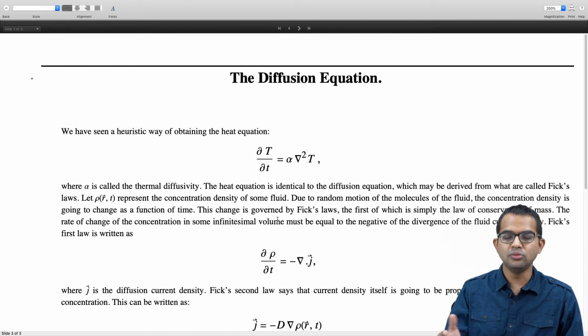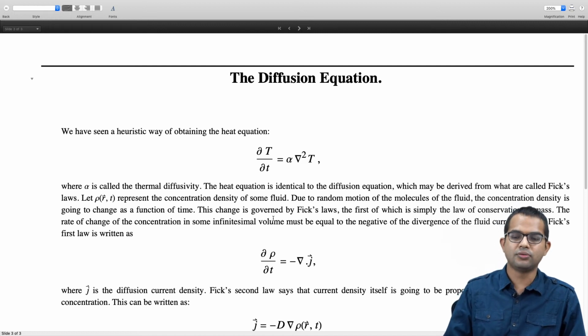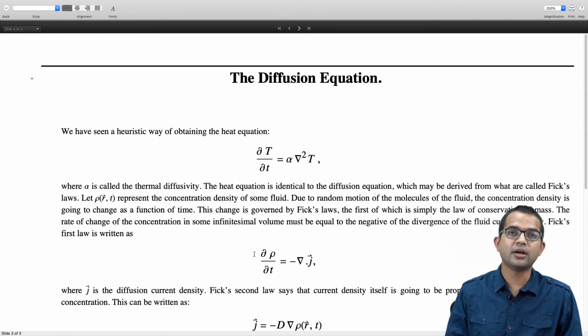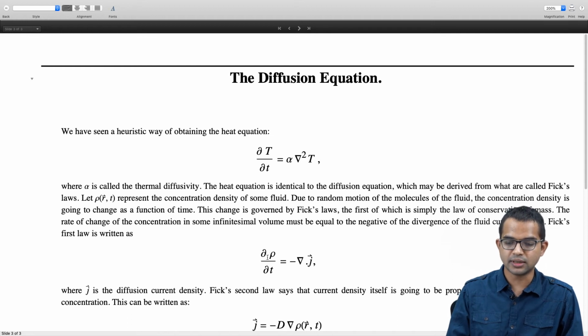So we have these two laws which are called Fick's laws. So first Fick's law is really a statement of conservation of mass, right? So it says that if you consider some infinitesimal region and find out what is the rate of change of the concentration density in that region, the ∂rho/∂t must be equal to the negative of the divergence of the current, right?